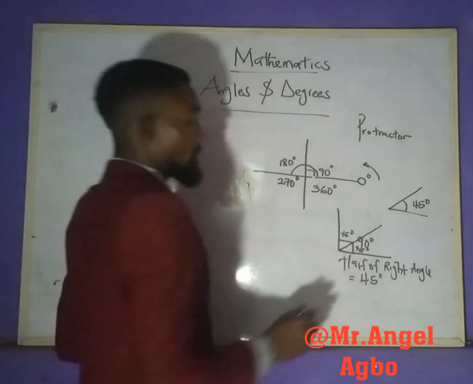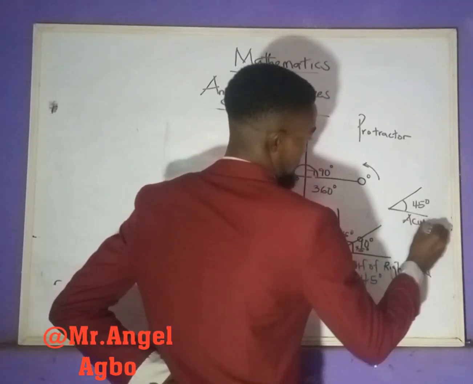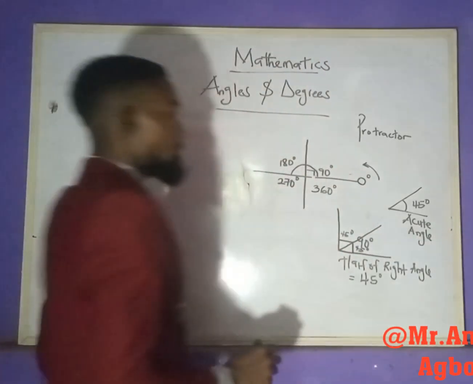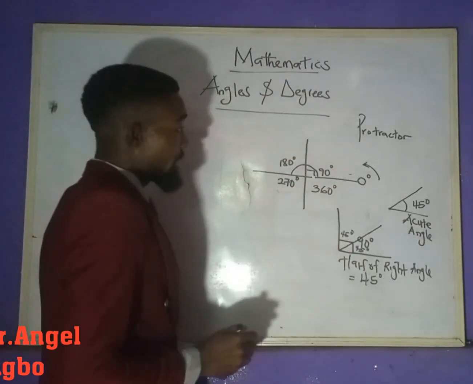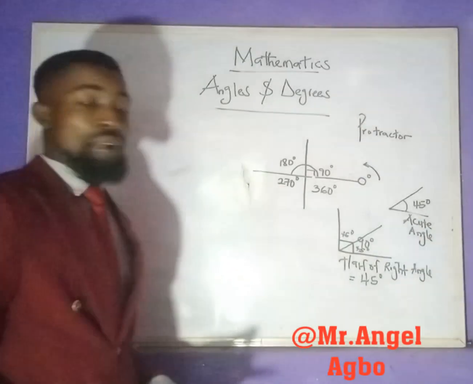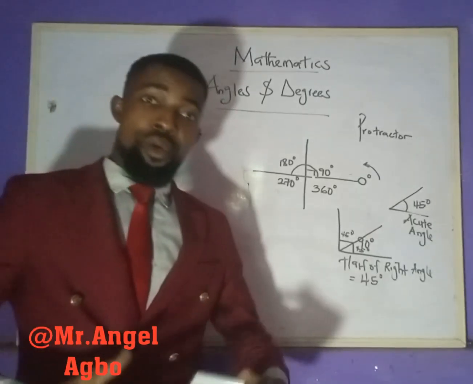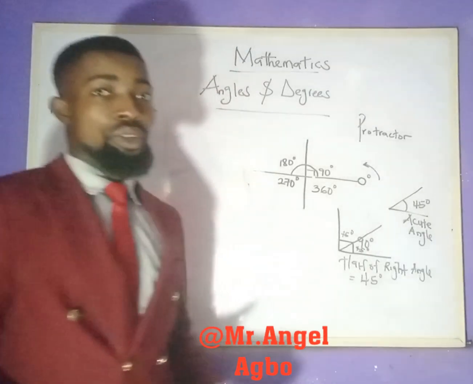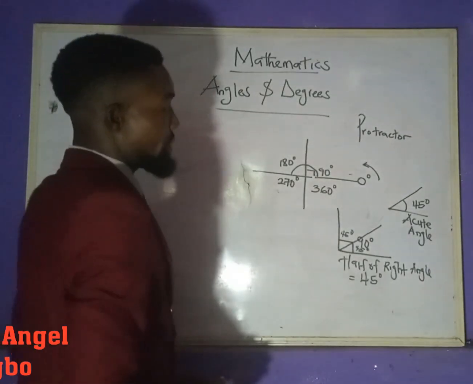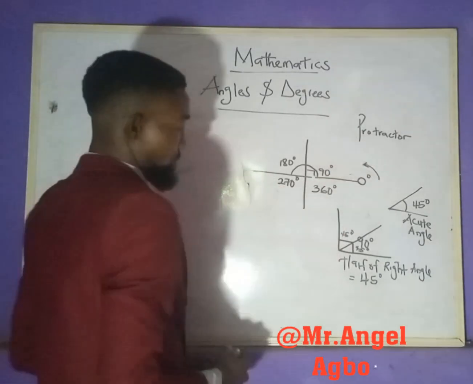It is an acute angle. So when another 45 is added, making 90 degree, it is now a right angle, or you call it right angle triangle, whichever way, it is going to give you 90 degree.